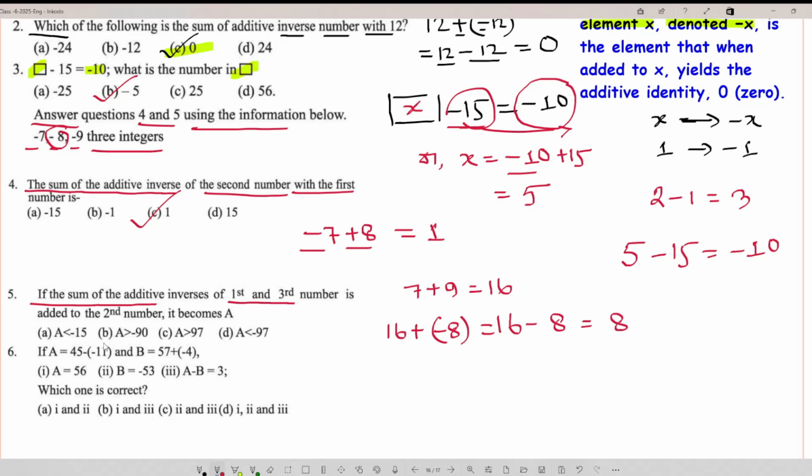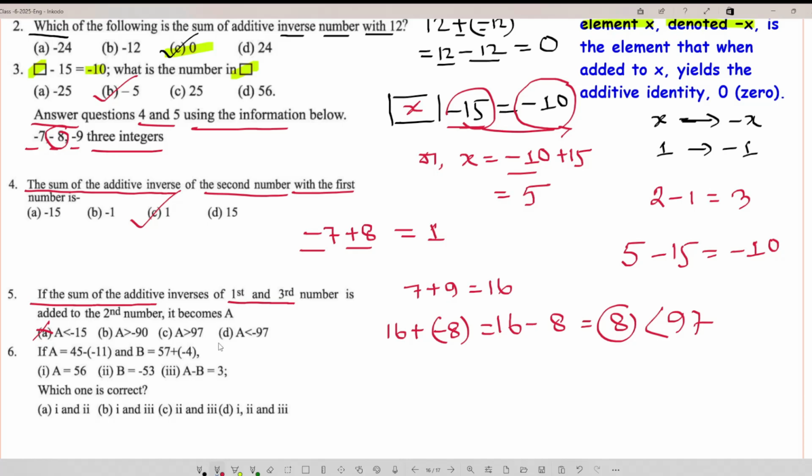What is the similarity? Here the result is 8. So option A is out, because it mentions A less than minus 15, but 8 should be greater than any kind of minus number. And here, look, number C, 97. 97 should be greater than what? 8.